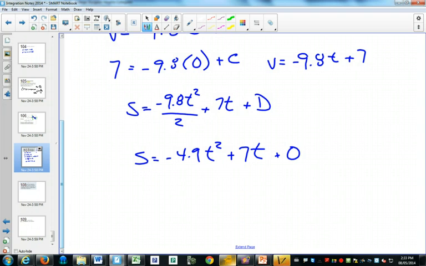Depends on how you want to look at this, where you want to put the graph. Some people would say, well, maybe I call my displacement based on where ground level is. Some people would do that. And then I could say at t equals 0, the displacement is at 75. So you could think of it that way as well.